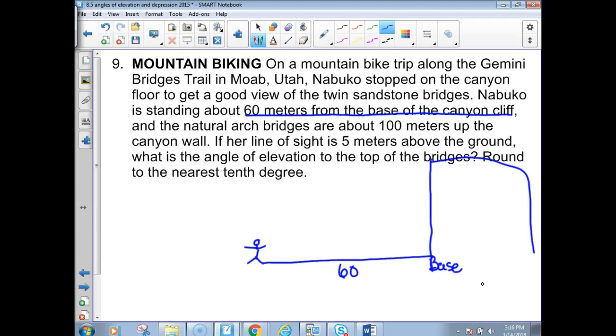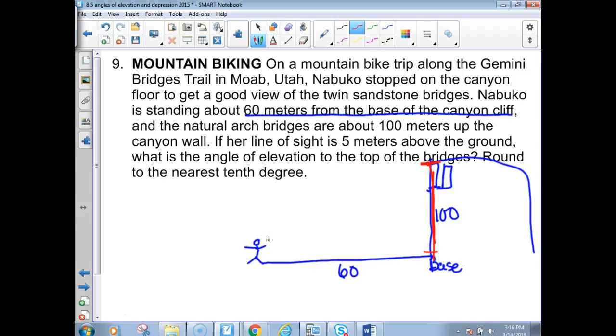And the natural arch bridges are about 100 meters up the canyon wall. Okay, so let's just say they're up here somewhere. I don't know what they look like, but this distance is 100. I'm going to say that whole distance from here to here is 100.